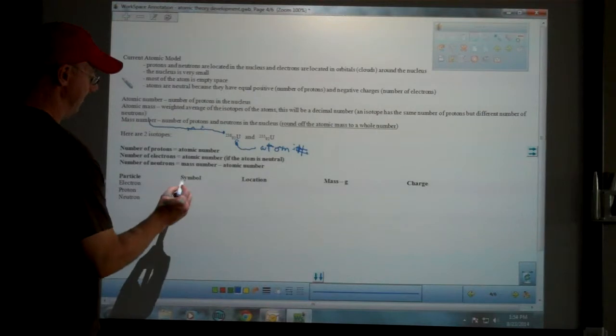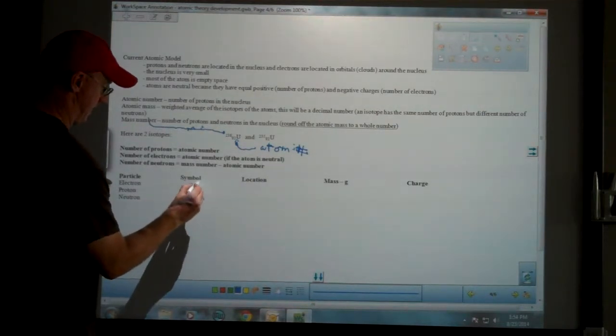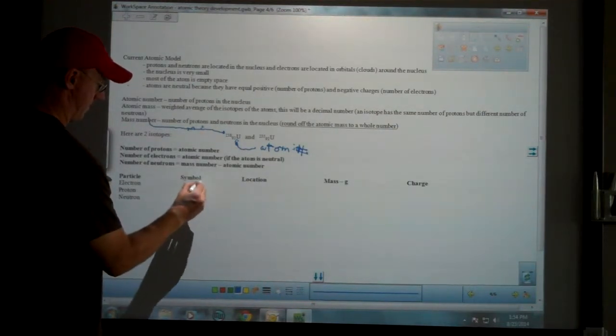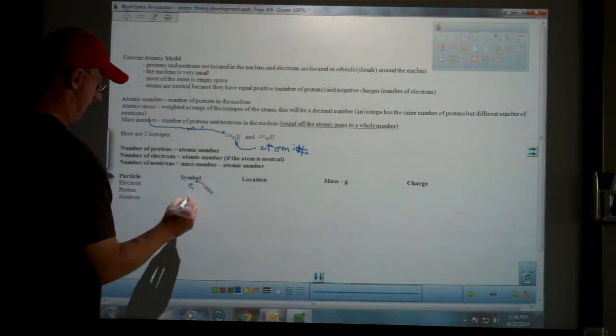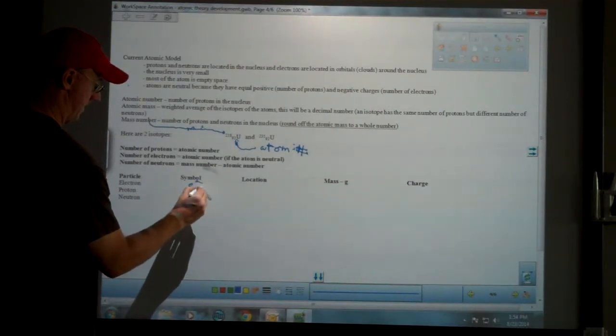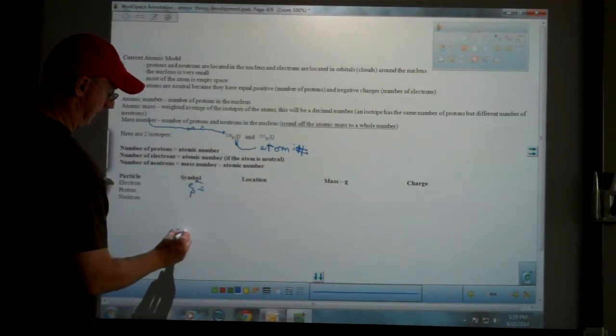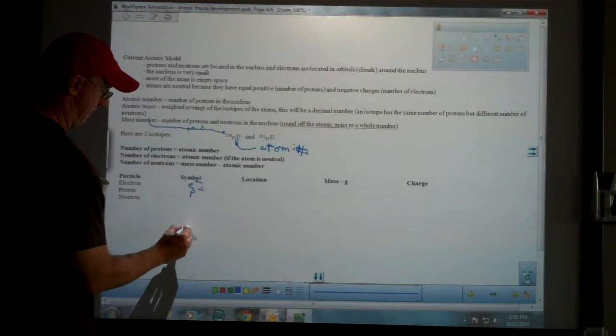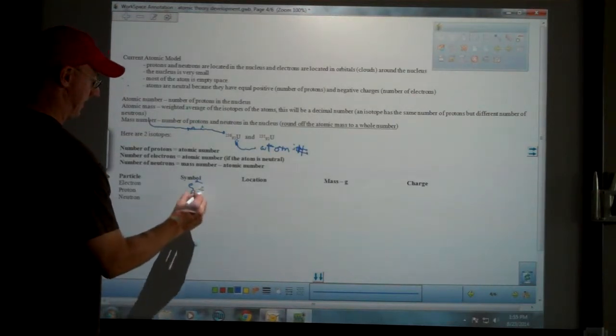So electrons, symbol e negative, negative charge. Protons, p positive. It doesn't want to write the positive. That's a positive.